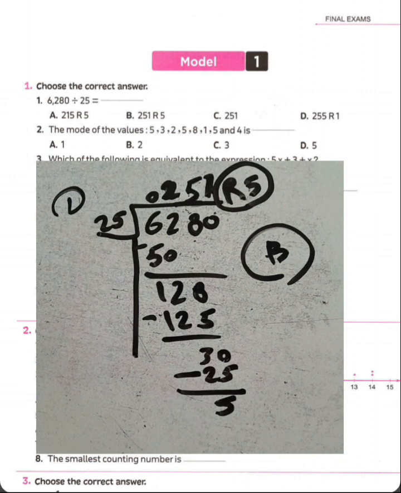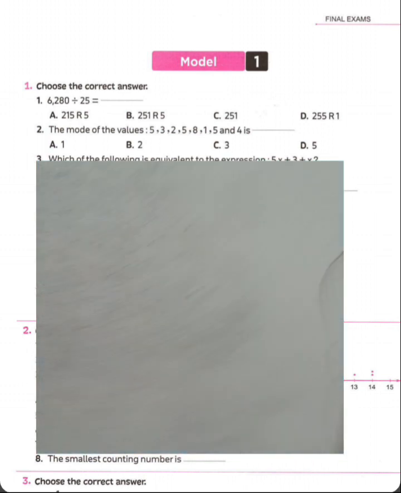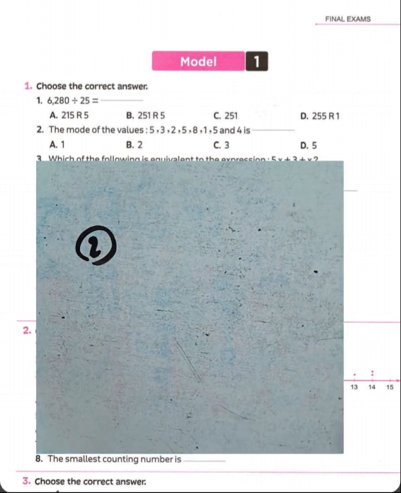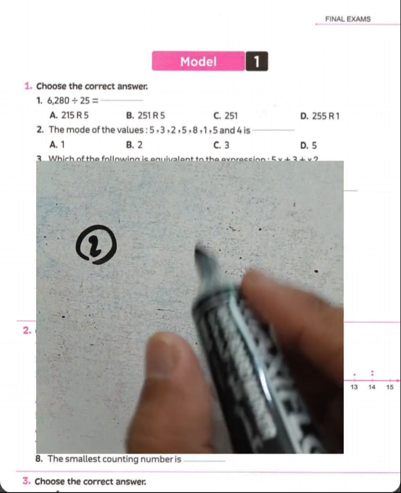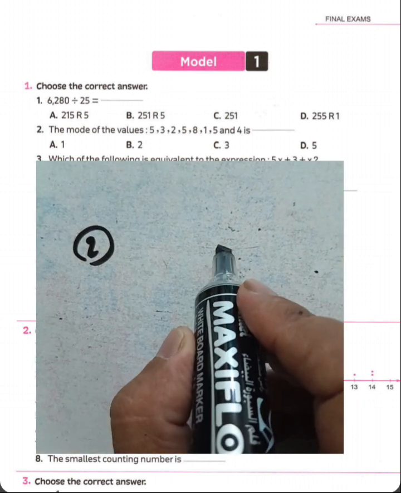The mode of values, we can get it by the digit which is the most repeating here. The most repeating here will be what? 5. Yes, because we have here 5 and 5 and 5, three digits 5 in question number 2.